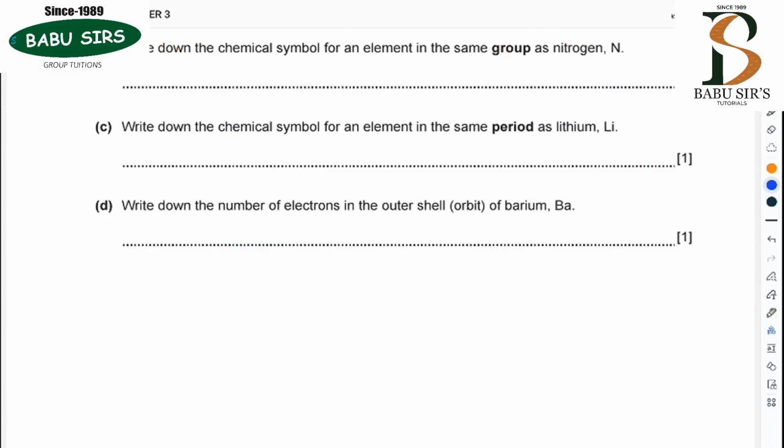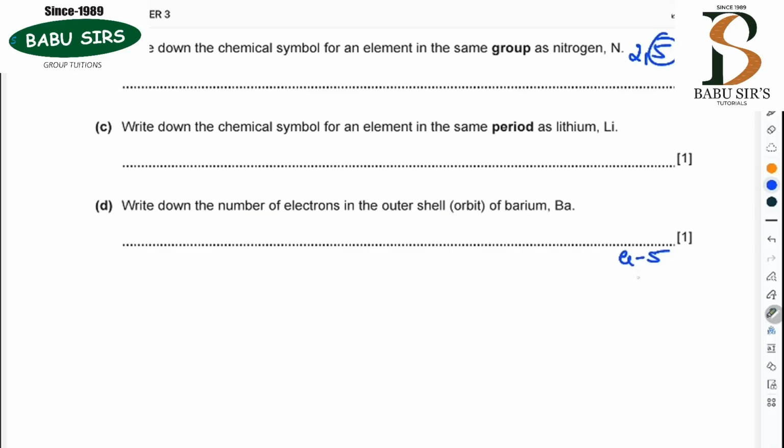Question number B. Write down the chemical symbol for an element in the same group as nitrogen. Again, you can see nitrogen is 2,5. So it is group number 5. So what you do, you take group number 5 and you can write all the elements in group number 5.